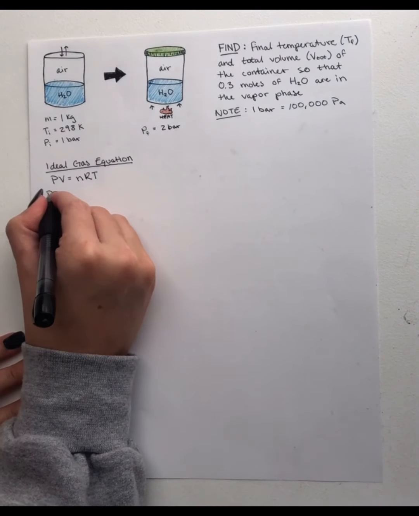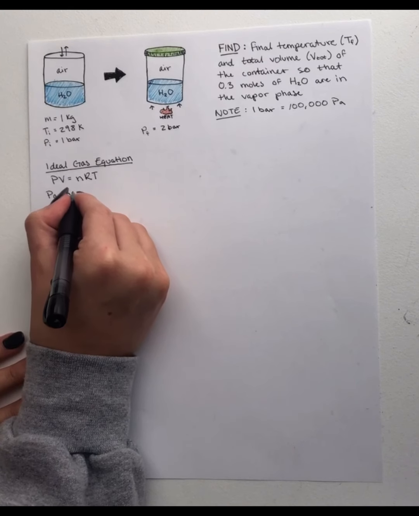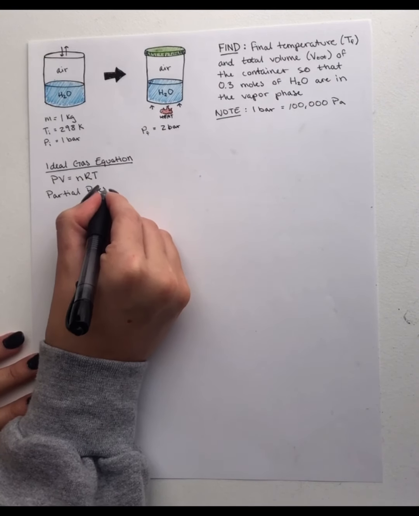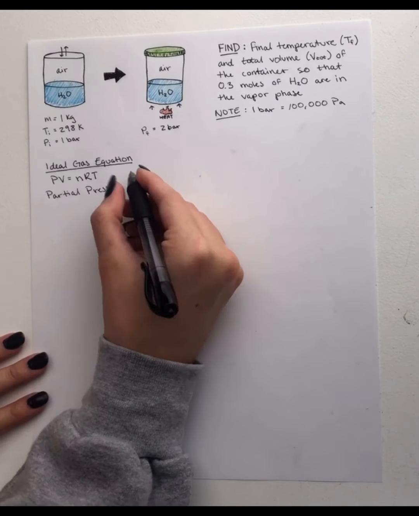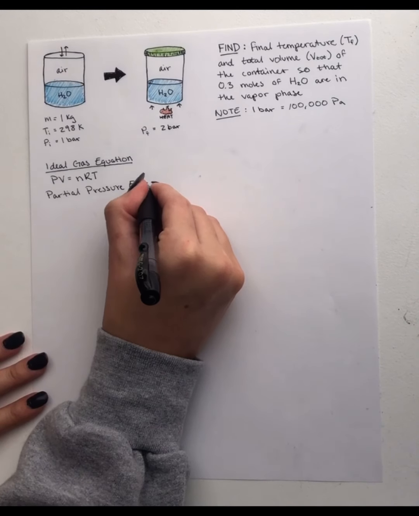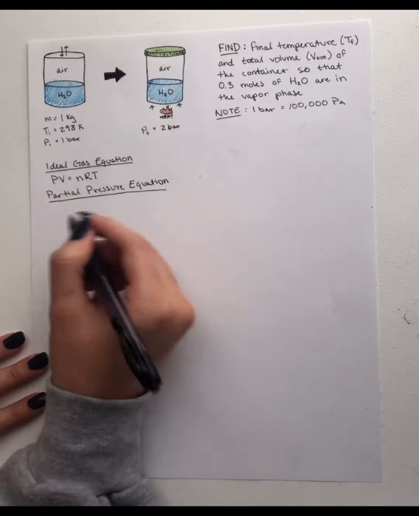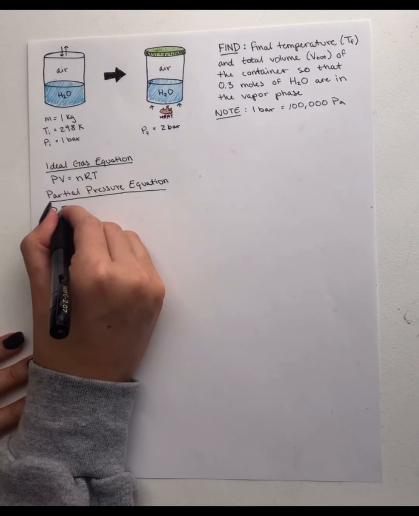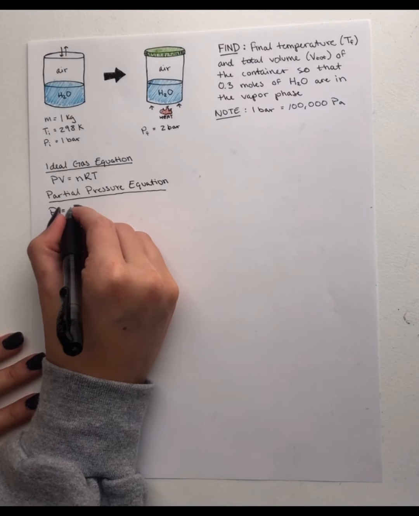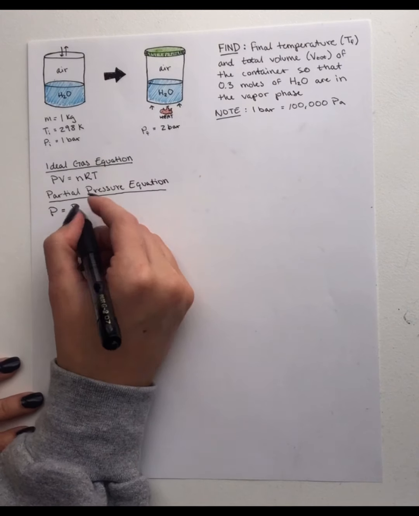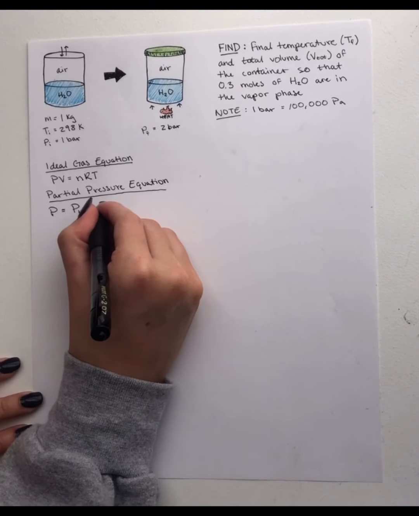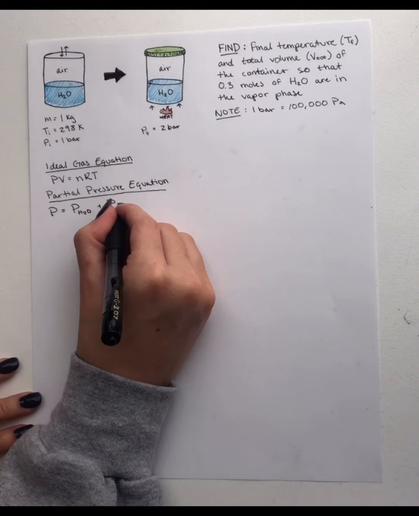And then we're also going to use the partial pressure equation, which is also pretty self-explanatory. So our total pressure, at least in this system, is going to be equal to the partial pressure of water plus the partial pressure of air.